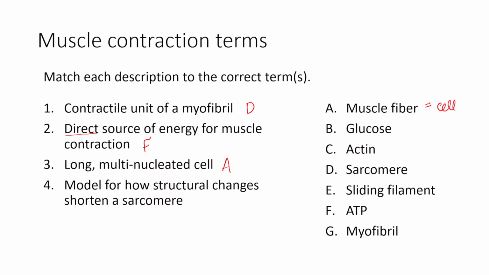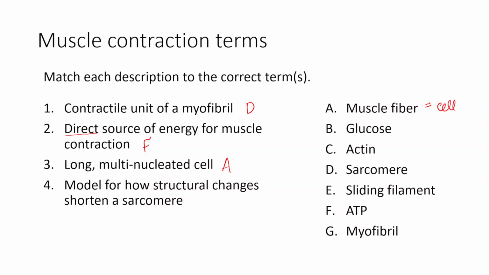It has multiple nuclei inside. There are myofibrils that make up the muscle fiber or the cell, among other things. But the unit that's a cell in a muscle is called a muscle fiber. So make sure you get that definition or distinction.